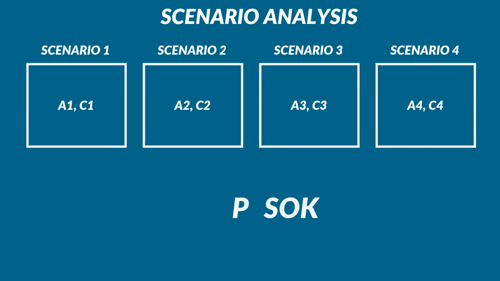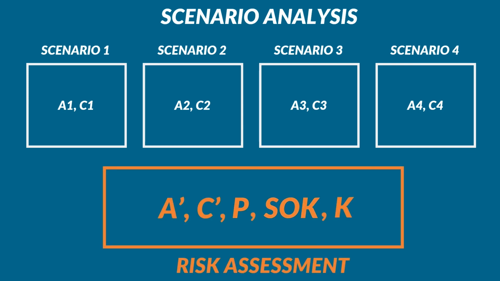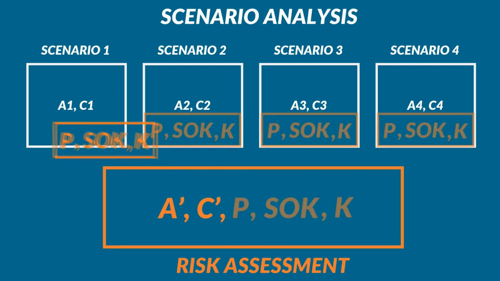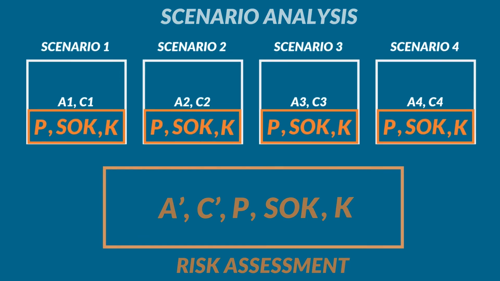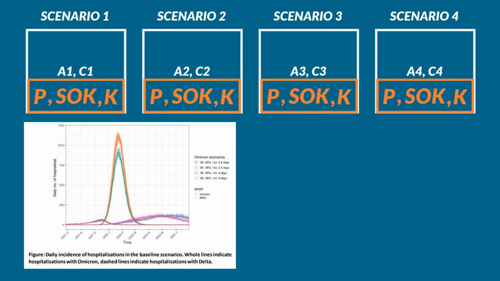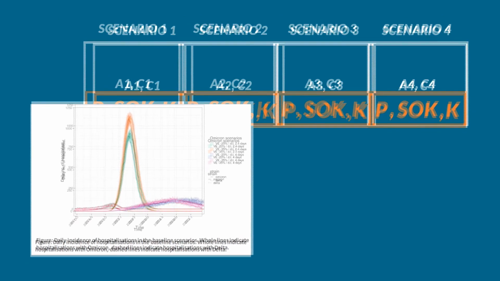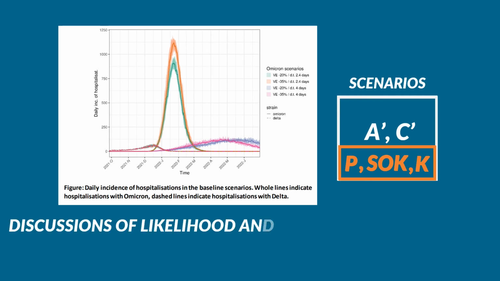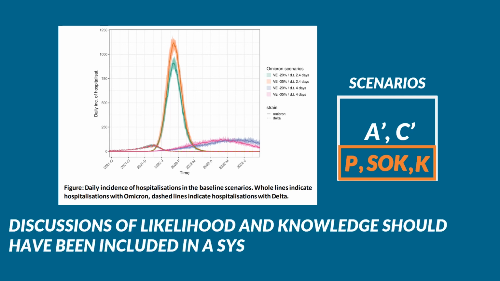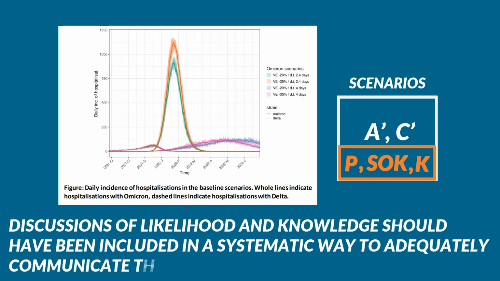Following a risk assessment, we should add probability judgments, P, knowledge strength judgments, SoK, and background knowledge, K, which will provide a much more informative categorization than just scenarios. In this case, scenarios should have been considered also reflecting that Omicron caused less severe consequences than Delta, and discussions of likelihood and knowledge should have been included in a systematic way to adequately communicate the risks.